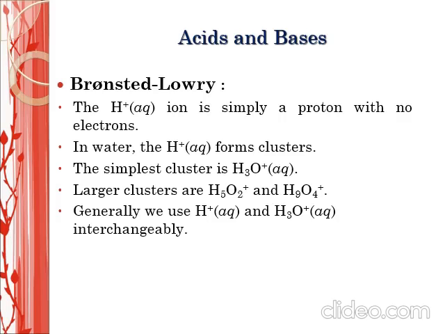Now the simplest cluster is hydronium, H3O plus. This is the simplest cluster for proton in aqueous form. The larger clusters are H5O2 plus and also H9O4 plus. However, in analytical chemistry, we normally use either proton H plus or hydronium H3O plus.